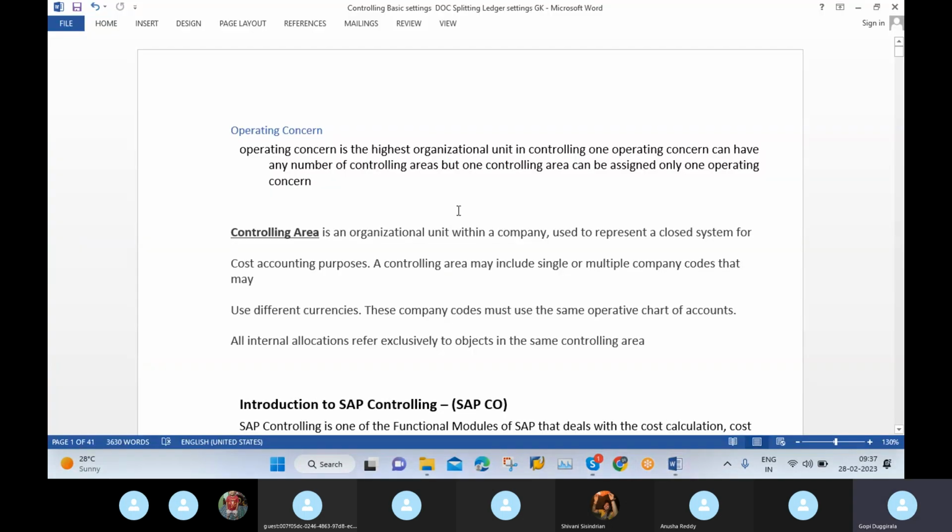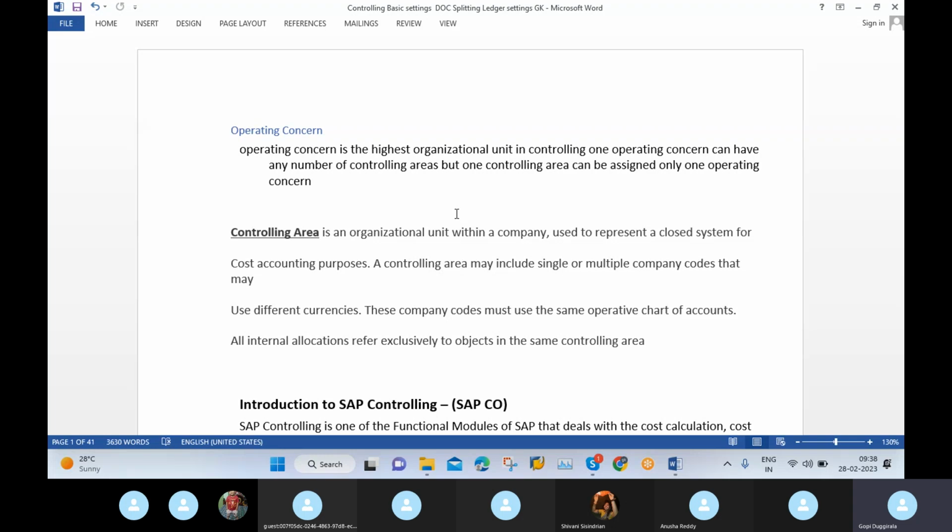The answer is, controlling is a separate module in finance, but when we observe very deeply, whatever controlling postings we make, we can get from finance only. So the flow of controlling entries starts from finance only.